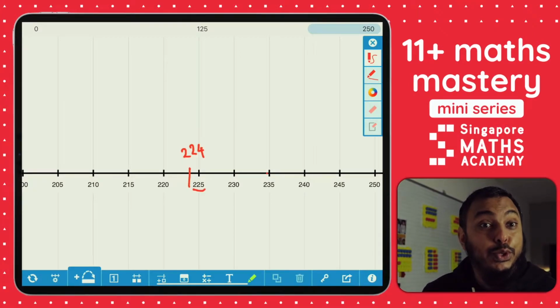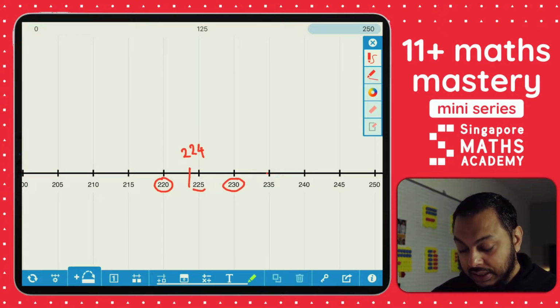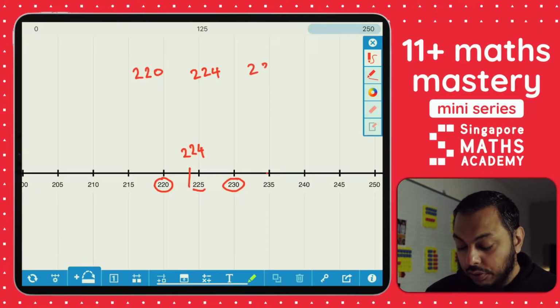The question for you is, which two 10s is 224 nearest to? Can we see from our times table? Can we see from our number line? 224 is between 220 and 230.